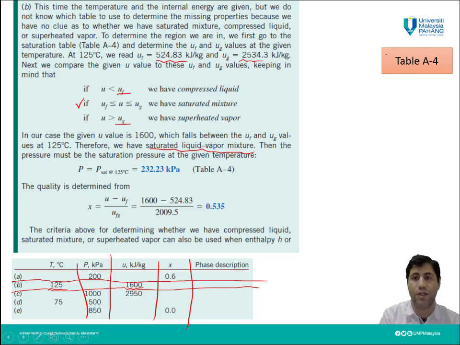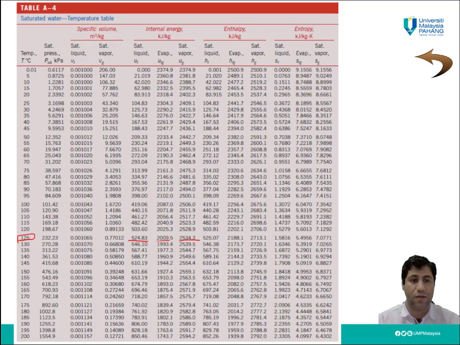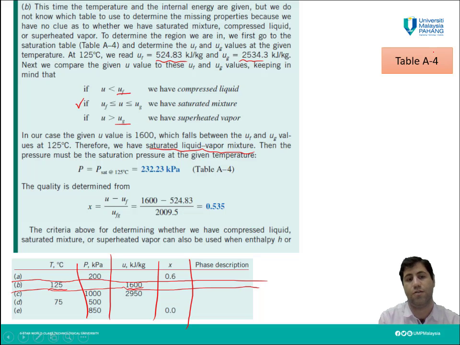Again, we need to go to table A4 and find the saturation pressure for that temperature. So you can see we have here the saturation pressure for this temperature which comes from table A4. And also we can calculate quality X by information which we can get from this table.